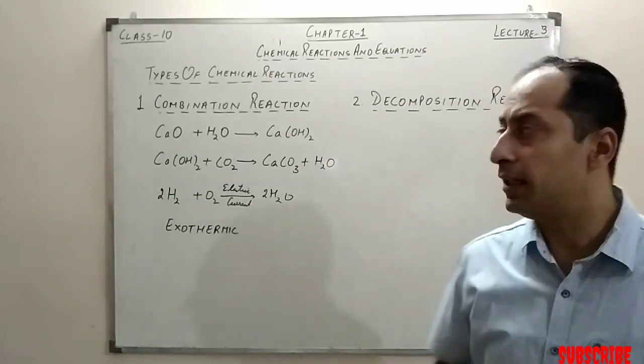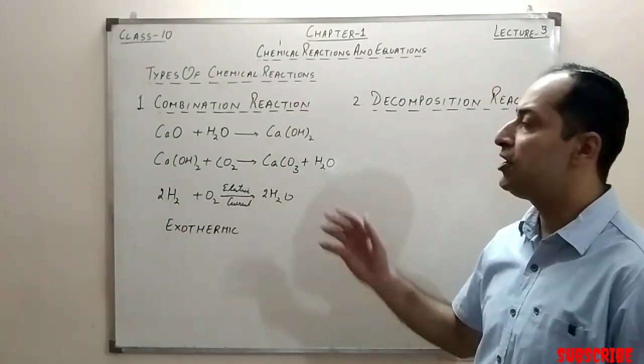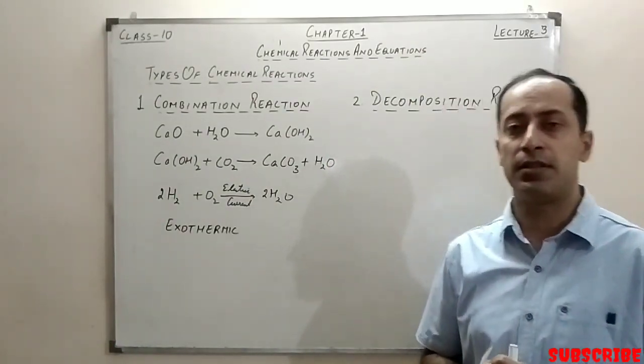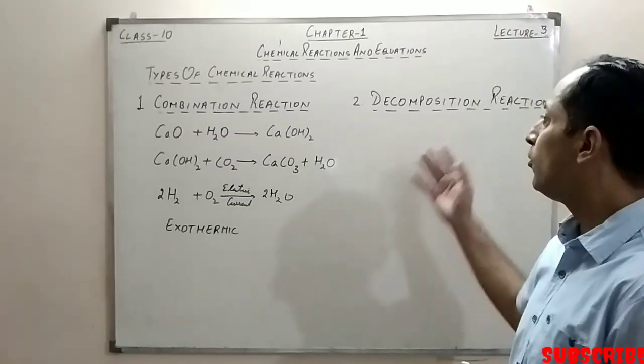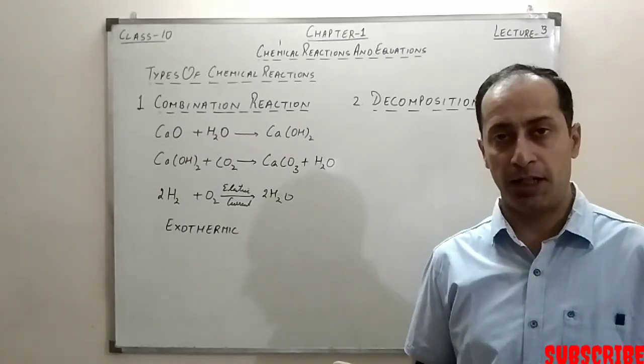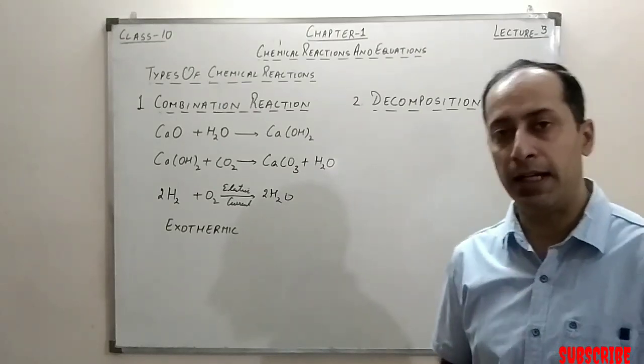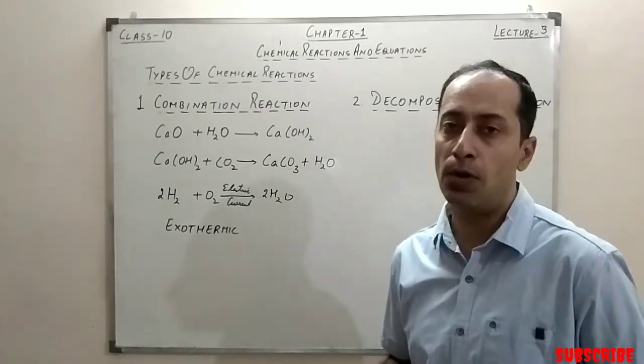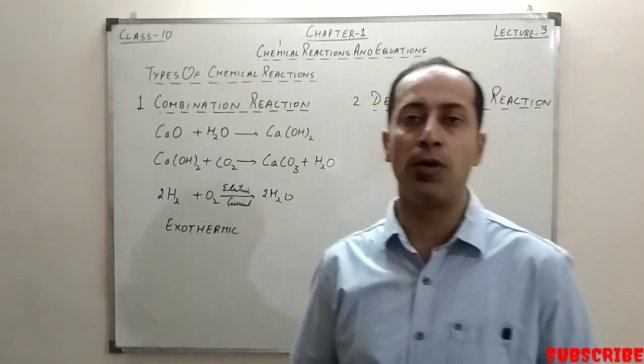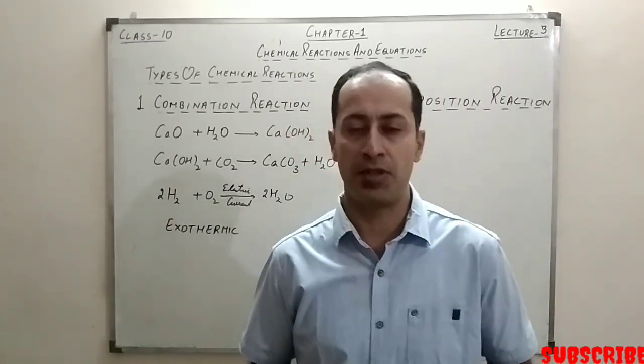It is basically the reverse of combination. Combination means joining of two or more substances to form a new substance, but decomposition means breakdown. It means we are breaking something, right? So we can say when one reactant breaks into two or more products, it is called a decomposition reaction.